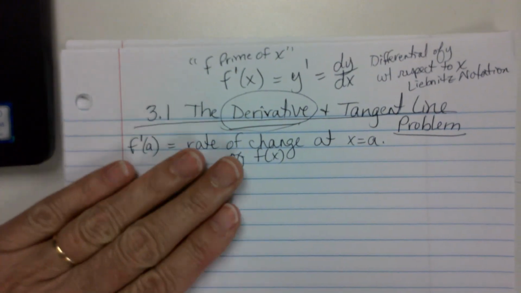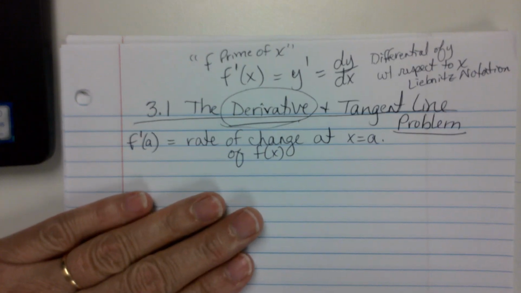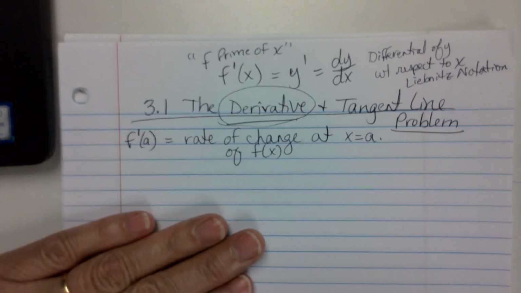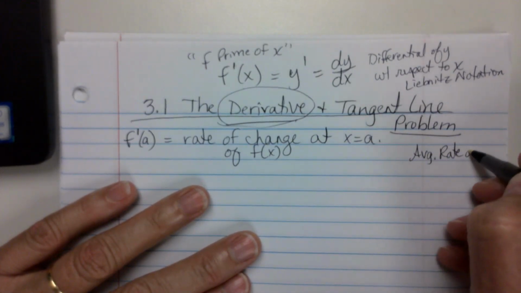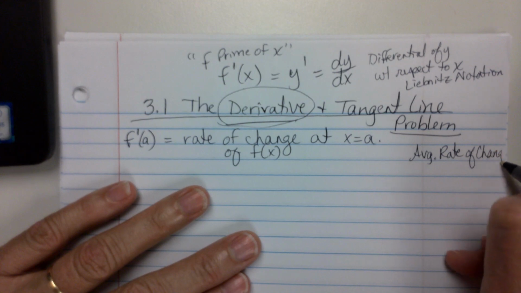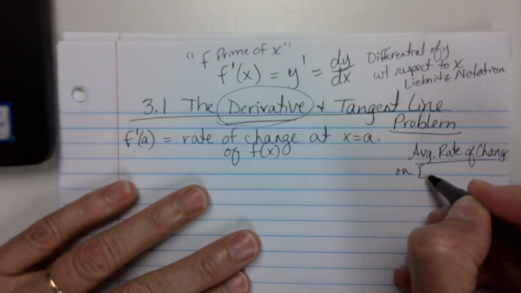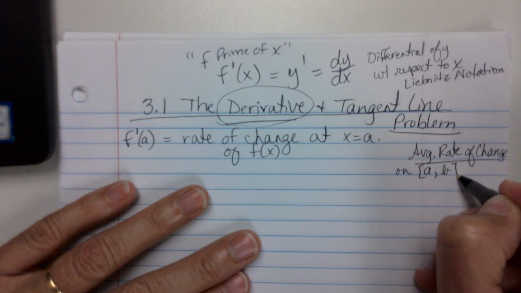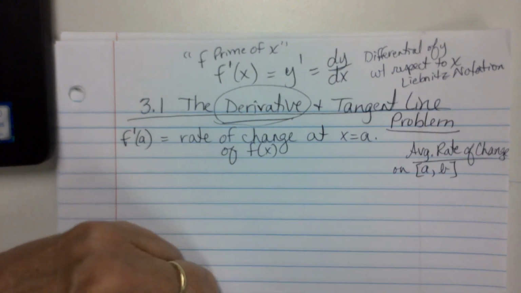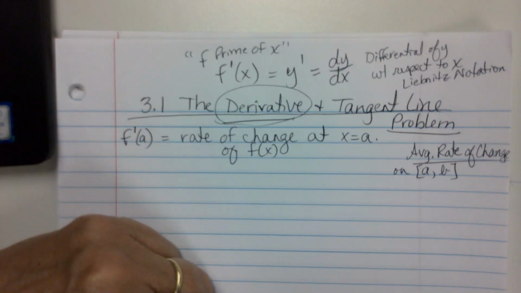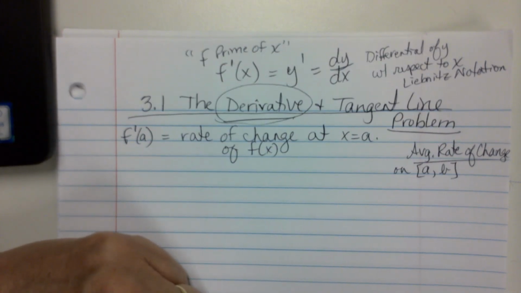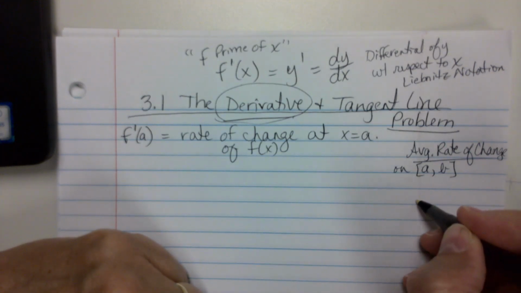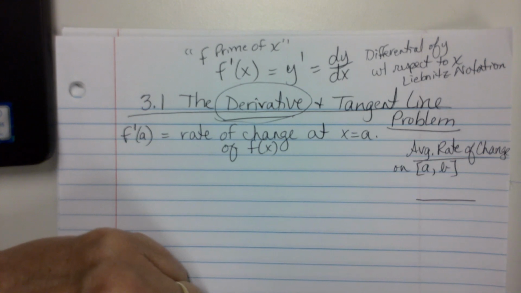We have done rates of change in pre-calc. It was called the average rate of change. Does anybody know what the average rate of change was the same as? It is on an interval for x's, x going from a to b. It is equal to something you did in Algebra 1 and Algebra 2.